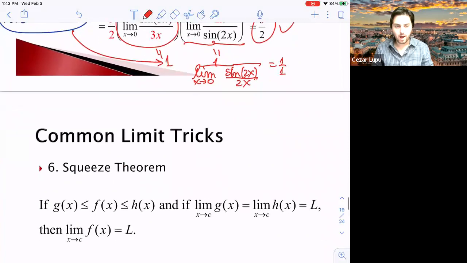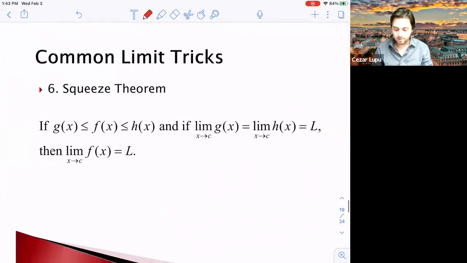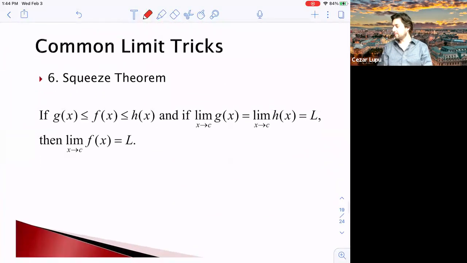Okay. Now, another common trick, and unfortunately, I'm going to go a bit over time, is the squeeze theorem. This is very important. So if I have two functions, let's say f between g and h.